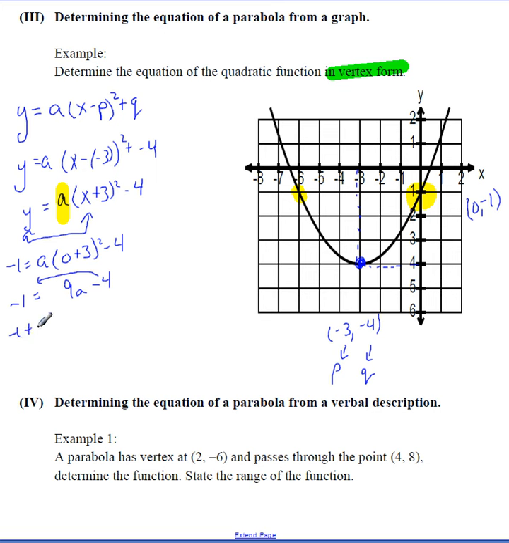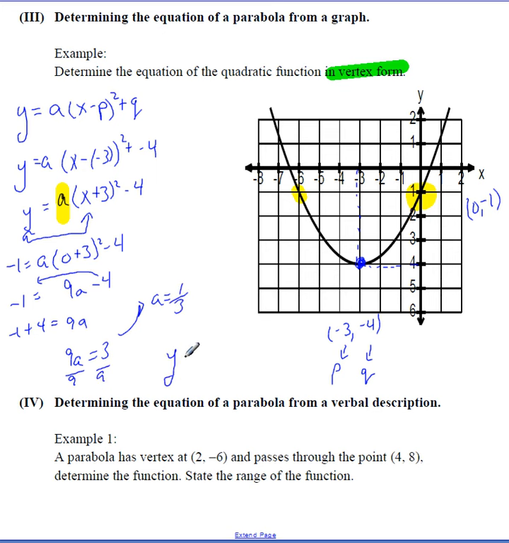So -1 plus 4 equals 9a. So 9a equals 3. And a would equal both sides divided by 9, or 1/3.